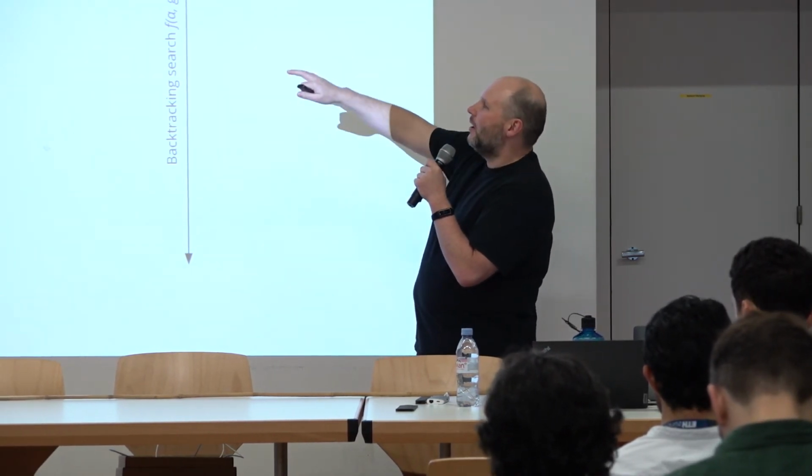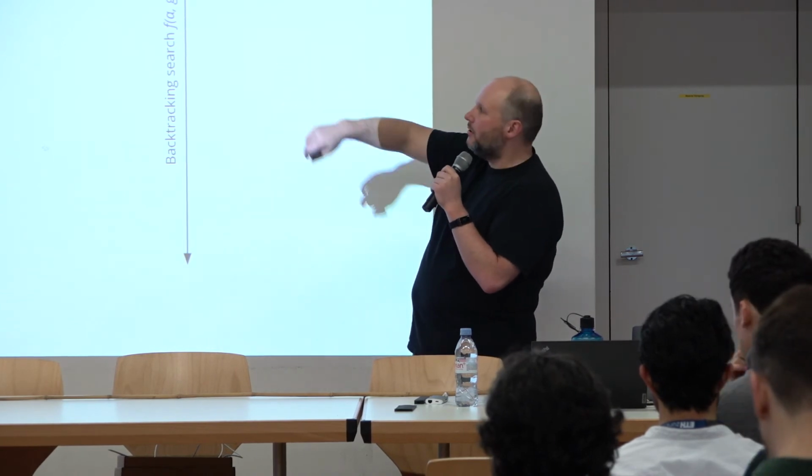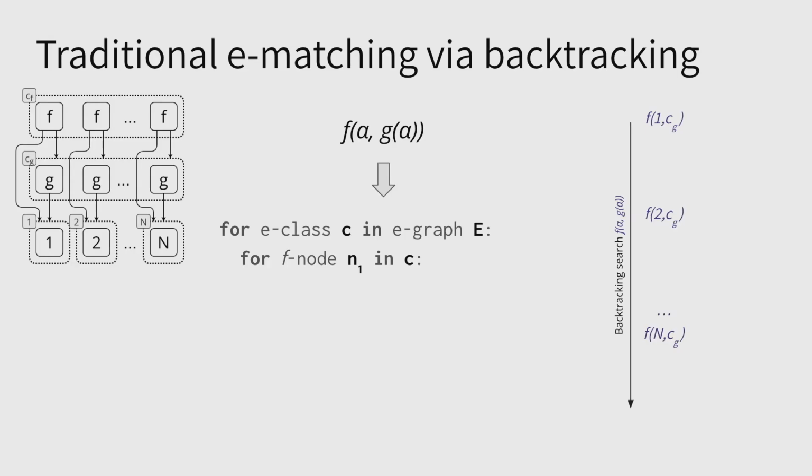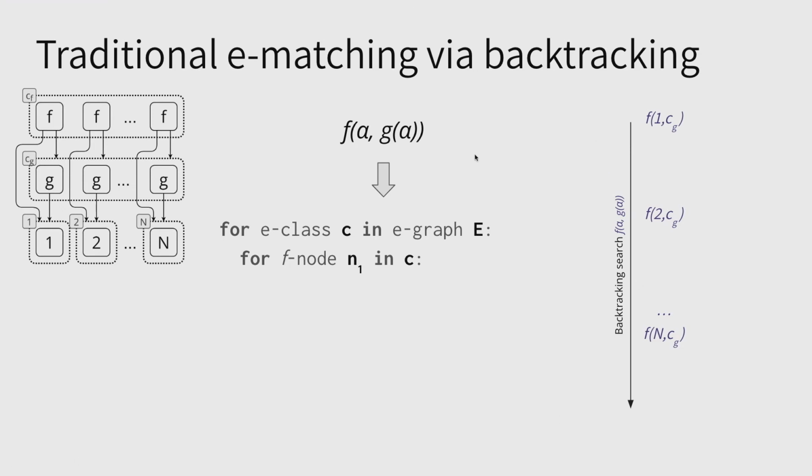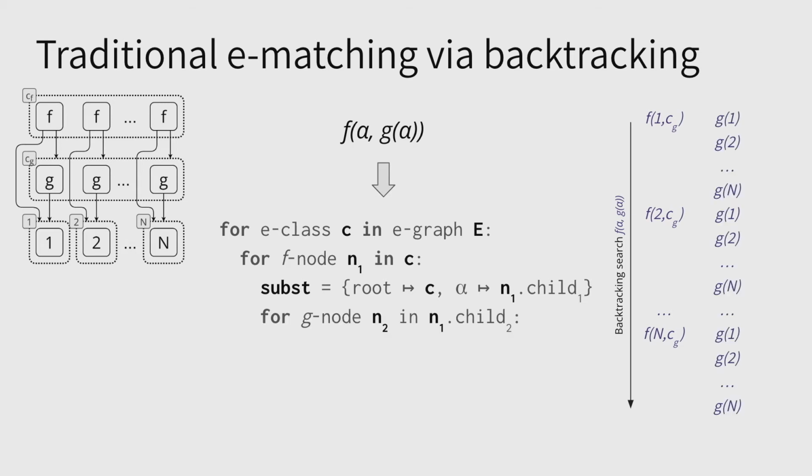I'm going to go through every E-class in the E-graph. If I find an F, right, that's what this... will this work? Oh, it does a thing, maybe. Okay, so I'm going to start at the root. I'm going to look for E-classes that have an F. I don't care what the left-hand child is. I'll match anything. And then within whatever E-class is to the right of that F, I'm going to go through all of its children, right?